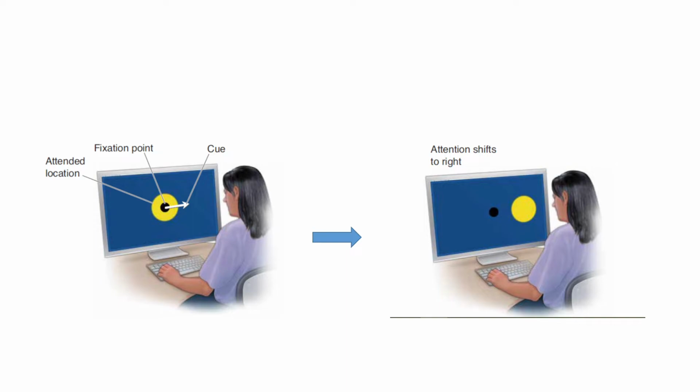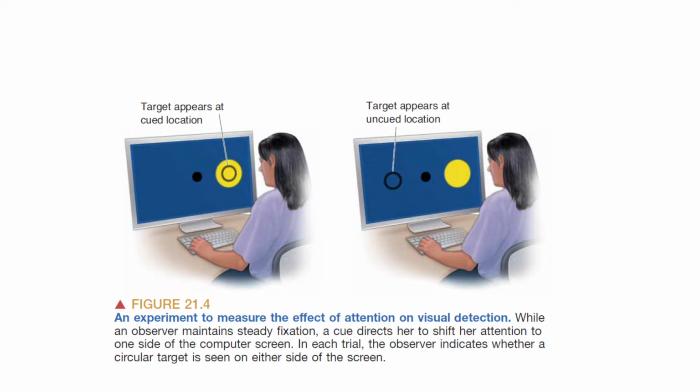So now you're keeping on looking at the fixation center of the screen, but your attention moved from the center to the right part of the monitor because of that arrow that appeared at the very beginning. And then after that, one stimulus would appear either at the left or right part of the screen, and here you can see the effects of directed attention at the beginning of the task.